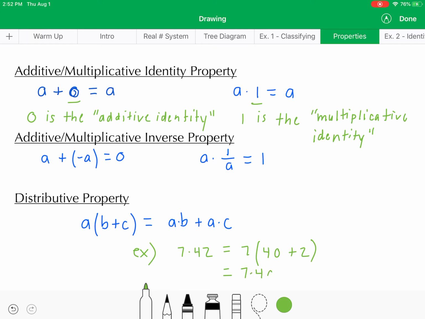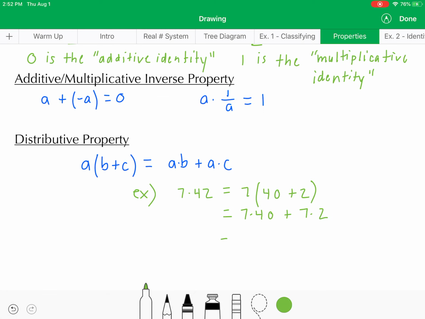Which would be 7 times 40 plus 7 times 2 by the distributive property. And those two multiplications are a little easier to do, right? 7 times 40, 280. 7 times 2 is 14. 280 plus 14, 294. So that's a great use of the distributive property.